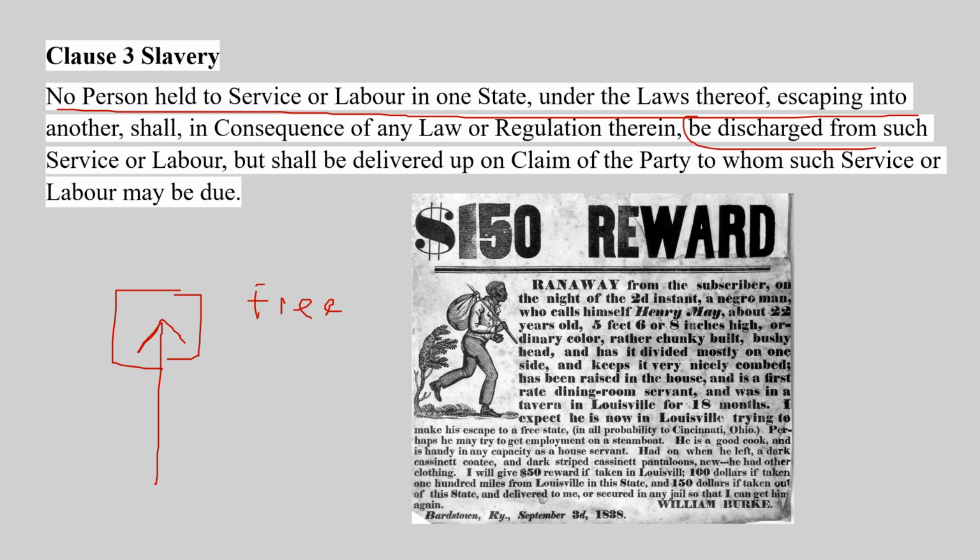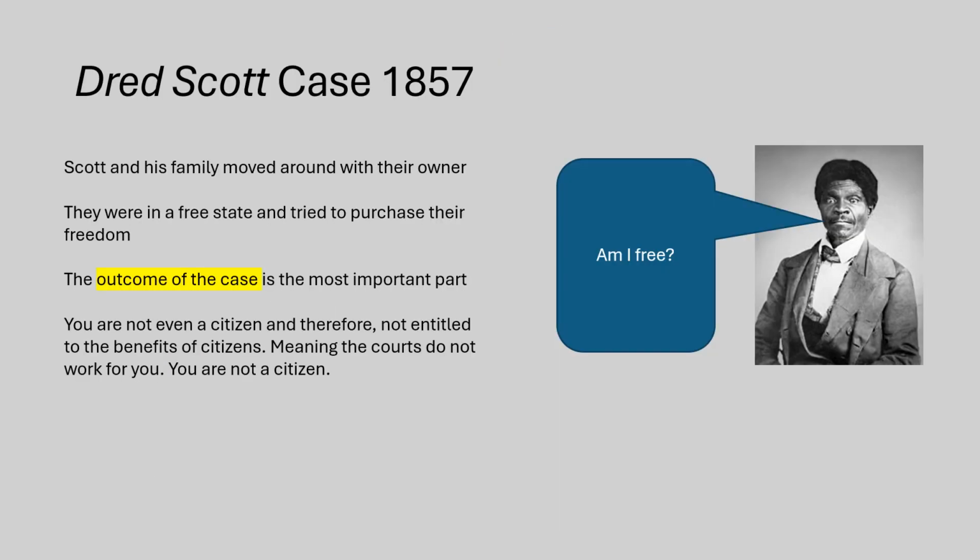So what this is saying is that even if you are a slave and you flee to a free state, that does not mean that you are free. It does not discharge you from such service, which is precisely the situation that Dred Scott is going to find himself in, which is going to lead to the Dred Scott decision.